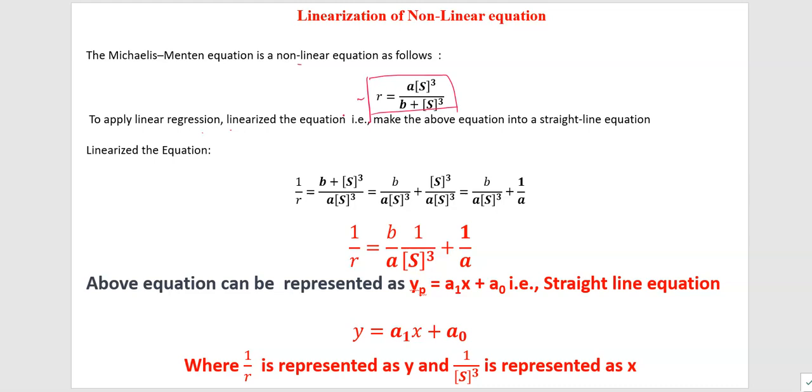So to linearize the equation, what do we have to do? If we take the reciprocal, 1 by R will be B plus S cubed, divided by A times S cubed. If we reorganize, B by A S cubed plus S cubed by A S cubed, so S cubed cancels out, so B by A will be there, B by A S cubed plus 1 by A. Ultimately 1 by R is equal to B by A times 1 by S cubed plus 1 by A. Here R and S data are given.